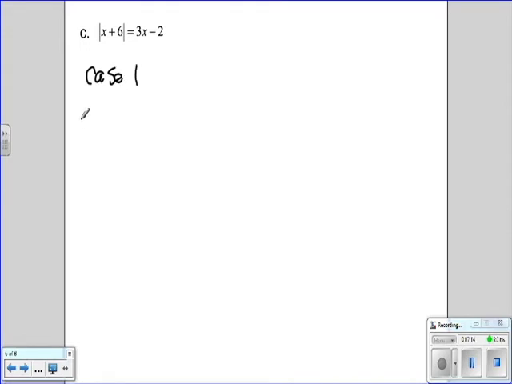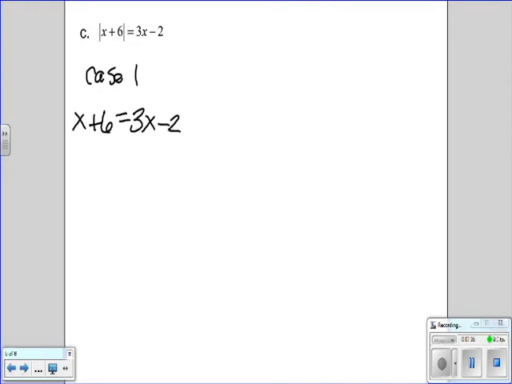Okay, so case 1, sorry, I don't want the absolute value there. When you set up your case 1 and case 2, you're not using absolute value symbols anymore. So x plus 6 could equal positive 3x minus 2, basically the original.